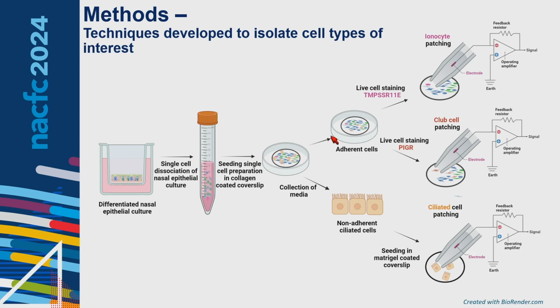The adherent cells were stained with live staining for TMPRSS11E, and patch clamp studies were carried out on these ionocytes. Live cell staining was carried out for PIGR in order to identify the club cells, and patch clamp studies were carried out on them. The ciliated cell fraction that was collected was seeded on Matrigel-coated coverslips, after which the patch clamp studies were carried out.